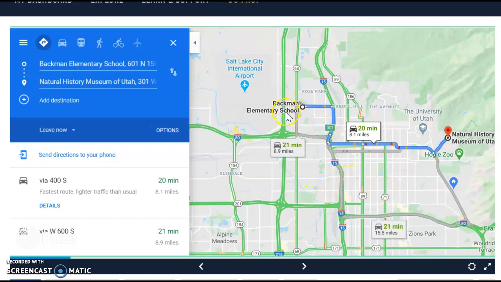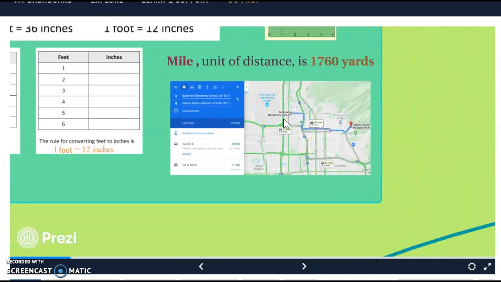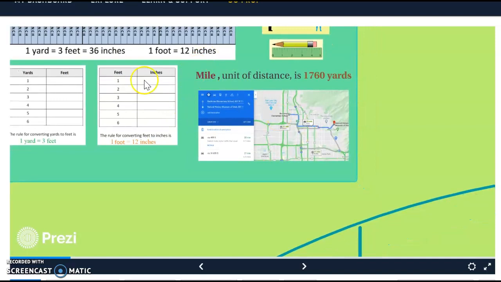The distance between our school and the Natural History Museum of Utah that we went to before the dismissal is 8 1/10 miles. So when you measure distance between different parts of the city, different cities, or different countries from one another, if you're using the US customary system, you are using miles.